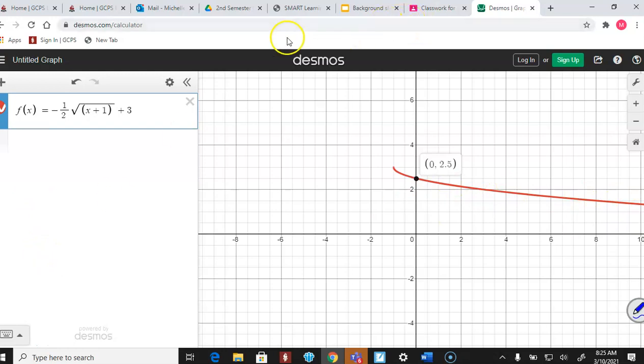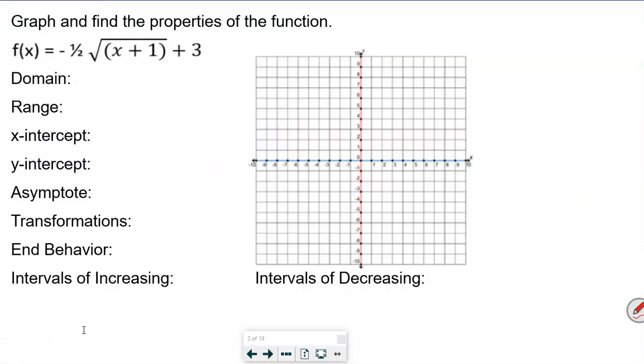So what we want to do right now is go back and actually graph this. So again, I'm going to go ahead and plot those points that we have. -1, 3. That's where our graph started. We saw the graph go through at 2.5, and then we didn't see where it went through over here. And this was about there. Okay, so I'm going to go ahead and draw my graph to the best of my ability.